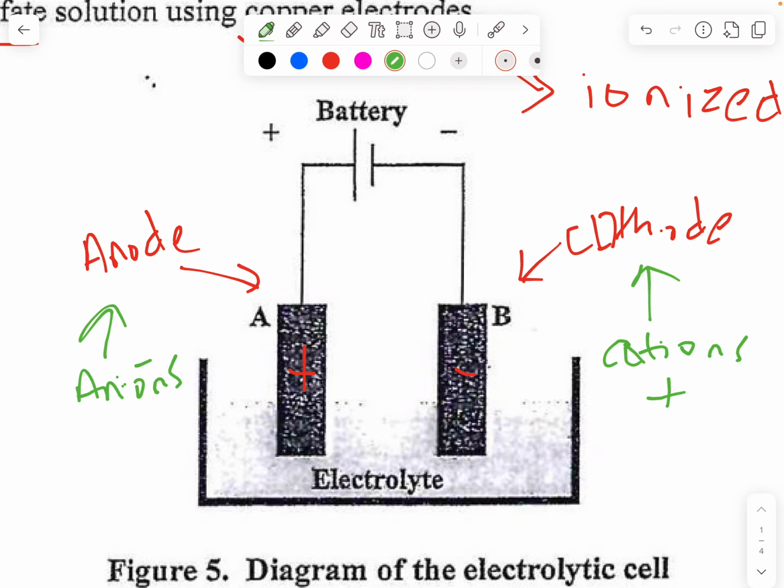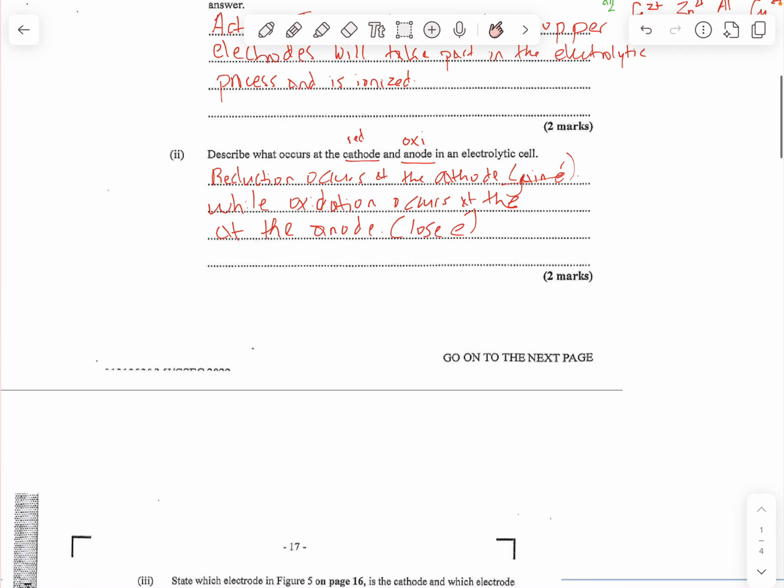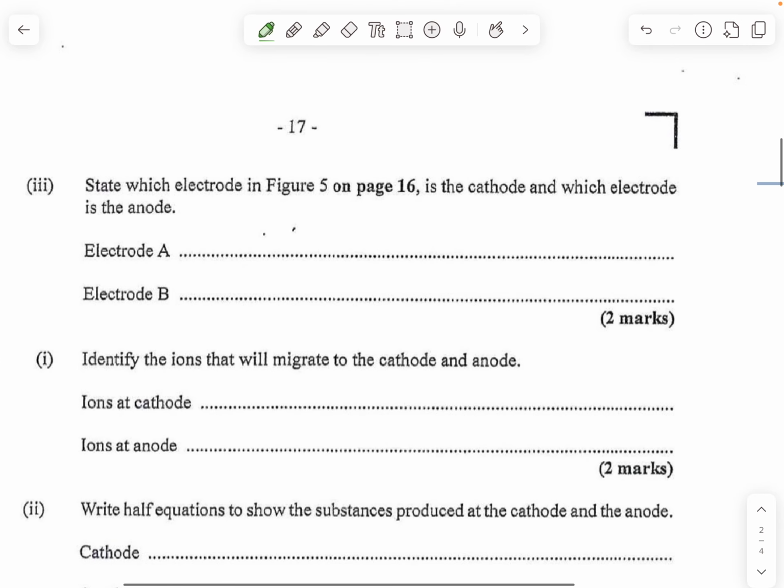So you have positive going to negative, right? We have positive going to negative, and then we have negative going to positive. And of course you can see that the words relate. Anions to anode, cations to cathode. Anode is positive, cathode is negative. Alright, so let us go back. Electrode A is anode and B is cathode.